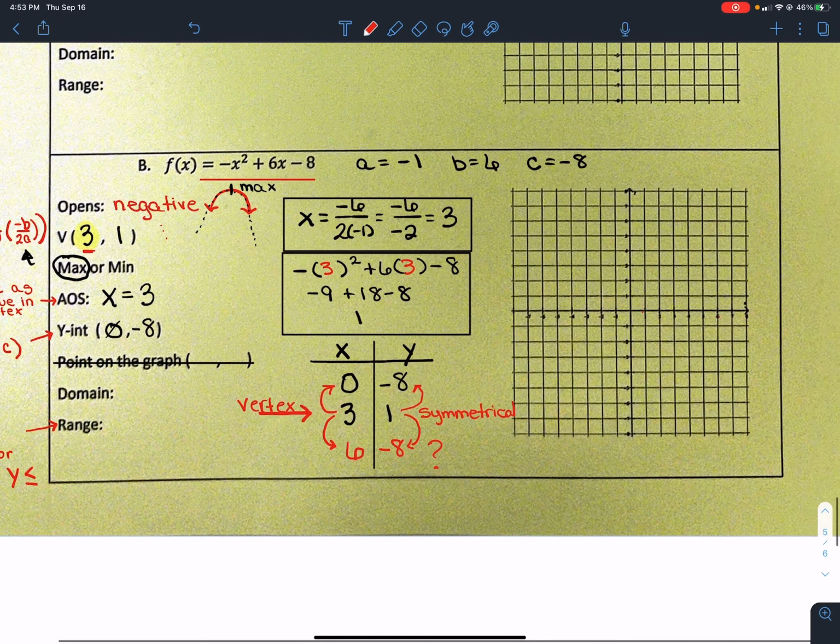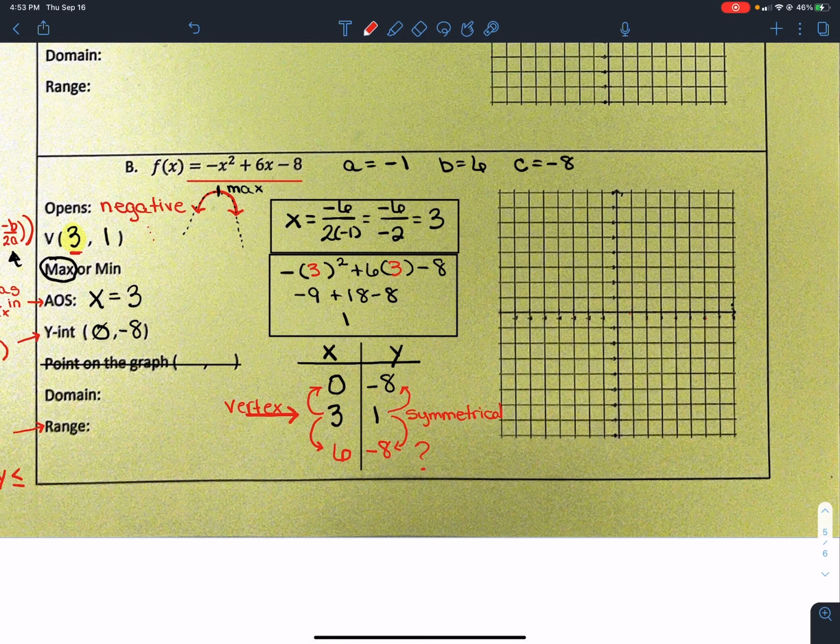Let's go ahead and graph what we have, and what I have here written in black. That's what I'm going to graph first. So I have 3, 1. That's my vertex. I am going to draw the axis of symmetry.